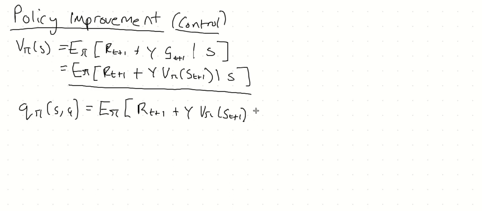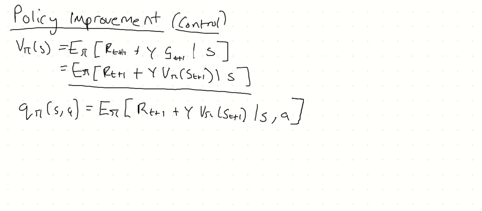Before it was just given s, but now it's given s comma a. Why? Because this is after being in the state and taking action a. Then we compute this expectation. That's how good it is to be in this state. So that's what the Q function actually represents.